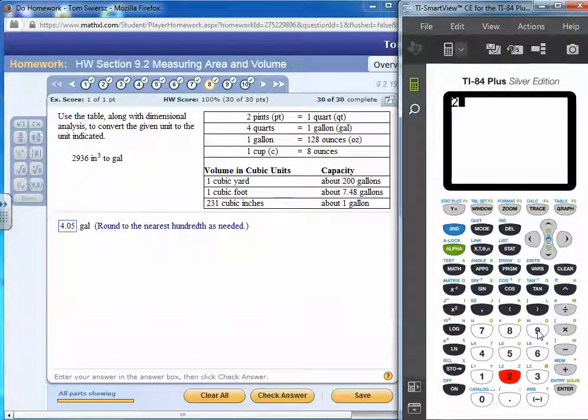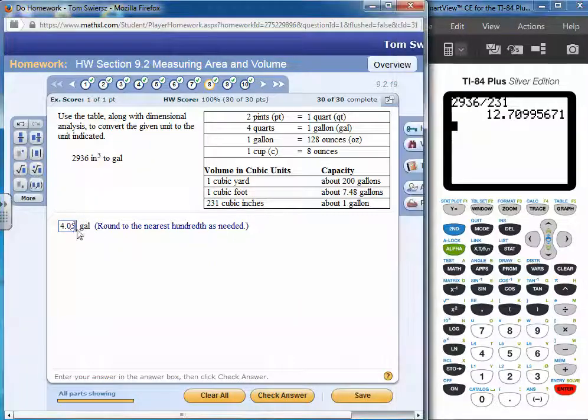Let's try that again. 2,936 divided by 231. All right, I missed a 2, and you get 12.709. There's a 9 that follows the hundredths place, in the thousandths, so we'd round up, we'd add 1, and we get 12.71, which is indeed the correct answer.